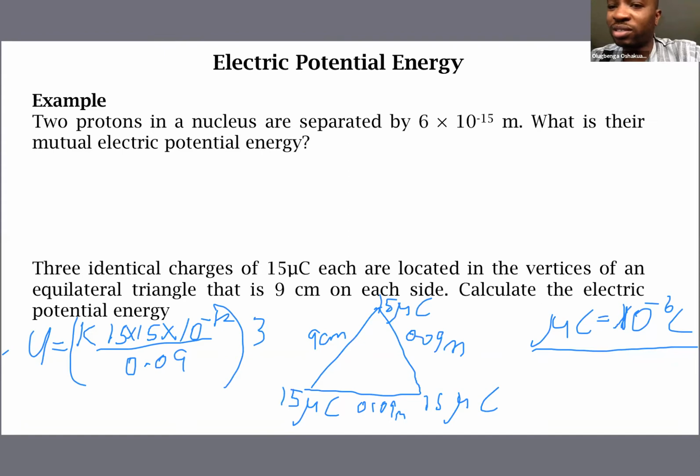We will have the same thing for Q1 and Q2, the same for Q2 and Q3, and the same value for Q1 and Q3, since they are all identical charges. They are all positive charges, and they are all equally distributed. So easily we can say the potential energy between a particular pair will be the same for all other pairs, and that will give us this value for the potential energy.